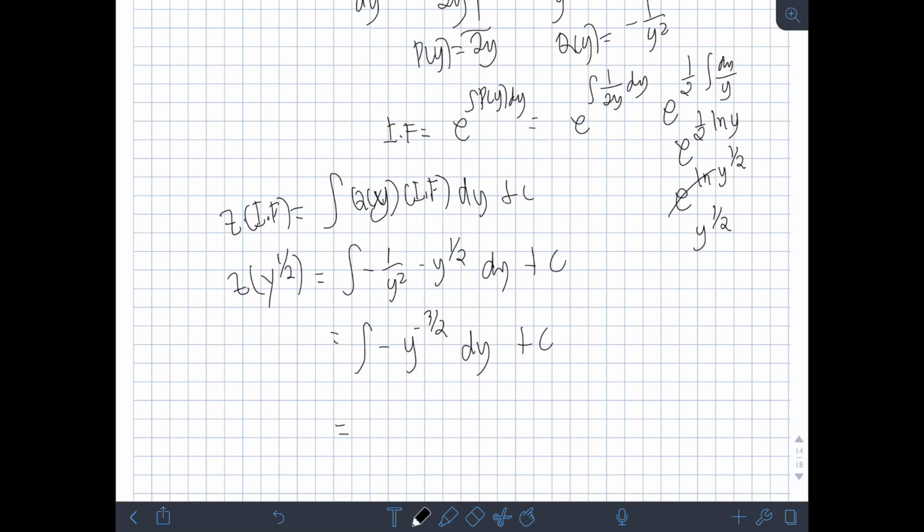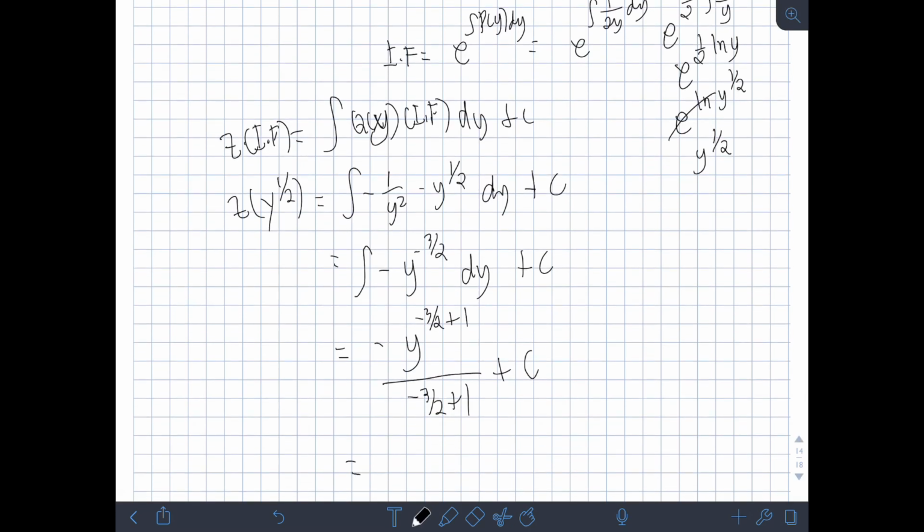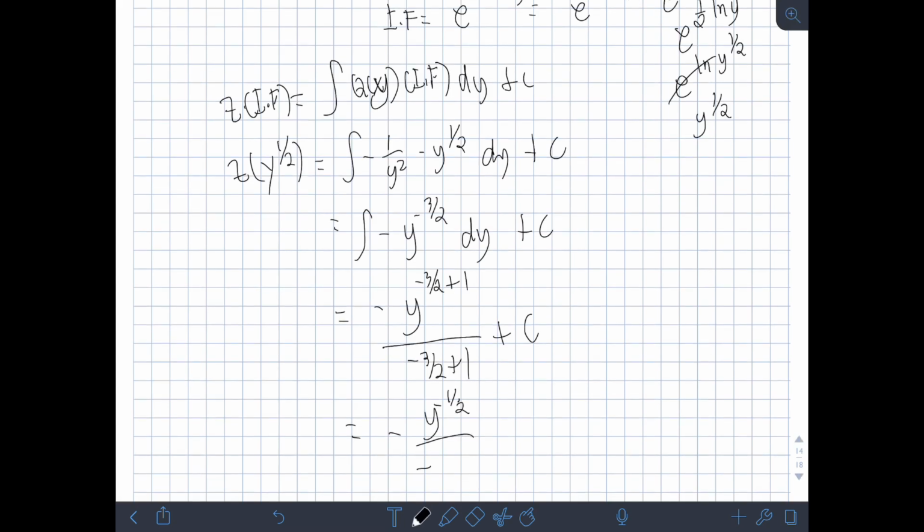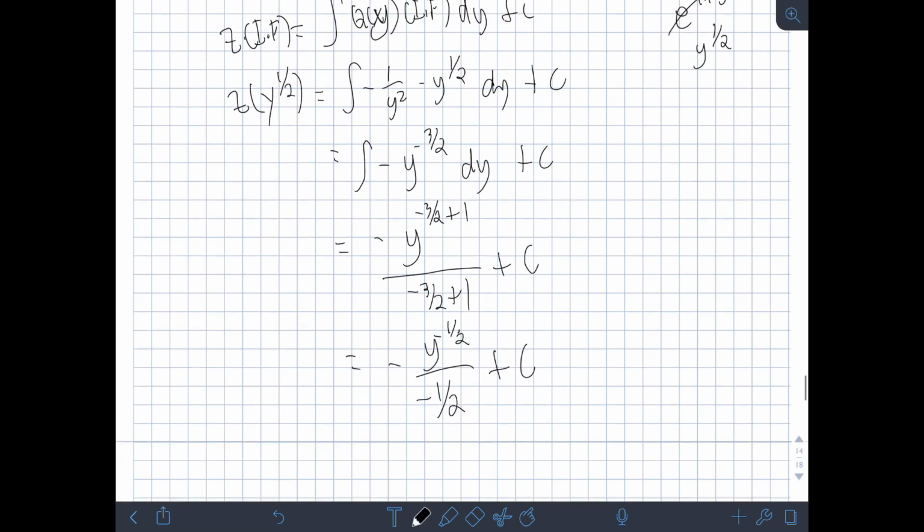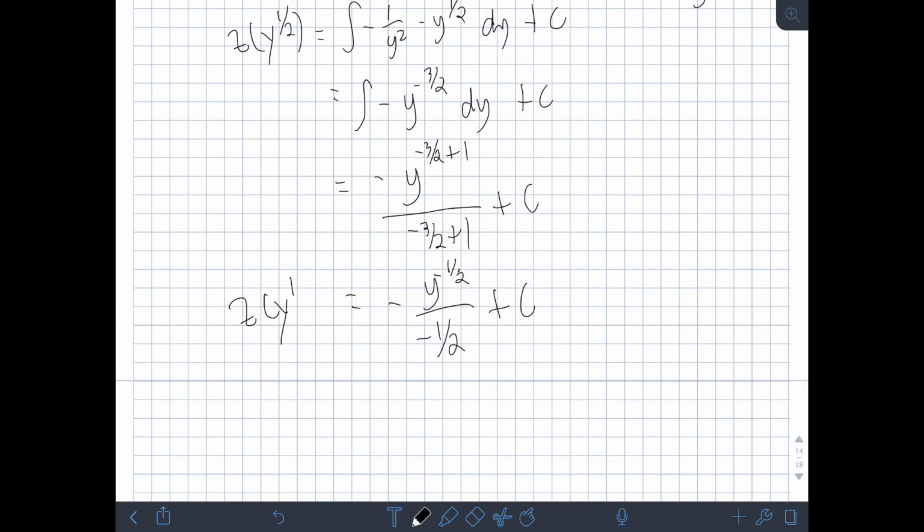So, magiging negative y raised to negative 3 halves plus 1 over negative 3 halves plus 1 plus c. Or simply, negative y raised to negative 1 half over negative 1 half. So, magiging z y raised to 1 half equals this.